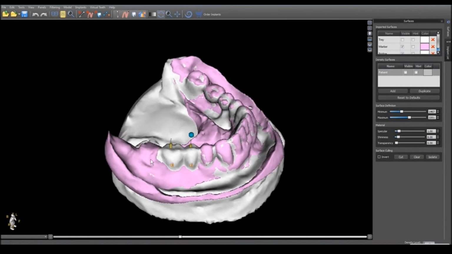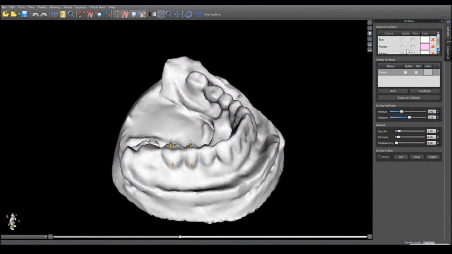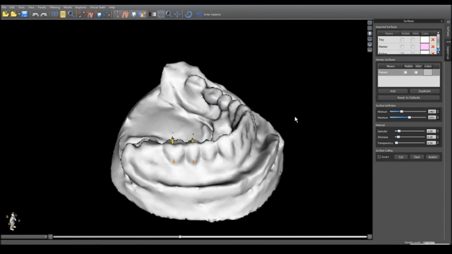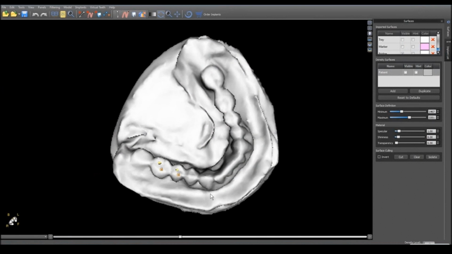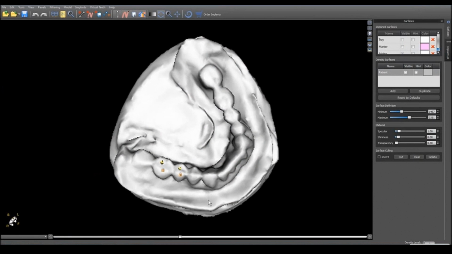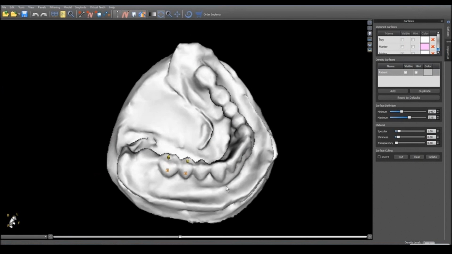So I'm superimposing two models here, one with and one without the pontics. So you can see how that simple alginate gives me future tooth position.